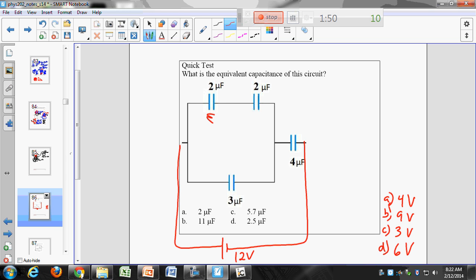Right, but go ahead and do the equivalent capacitance. If you want to work on that second question, you can. The second question is, what is the voltage across this capacitor if I'm hooked up to a 12 volt battery like this? But right now we're doing the first question on the clickers. I'll stop at 215.